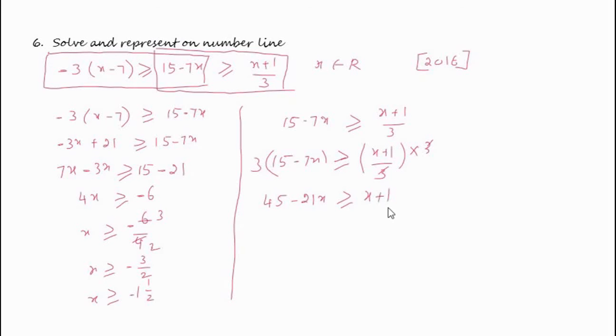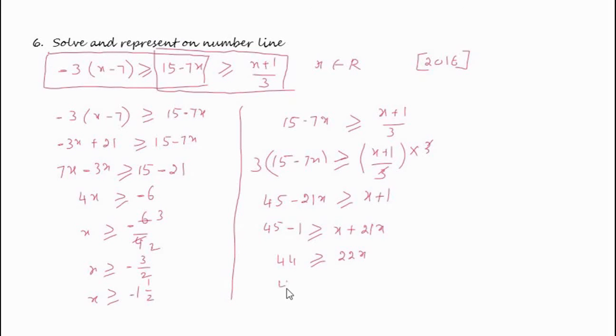So we will bring 1 to the right side, left side. So 45 minus 1, take x to the right side. So it is x plus 21x. So 44 greater than or equal to 22x. Now dividing both sides by 22.